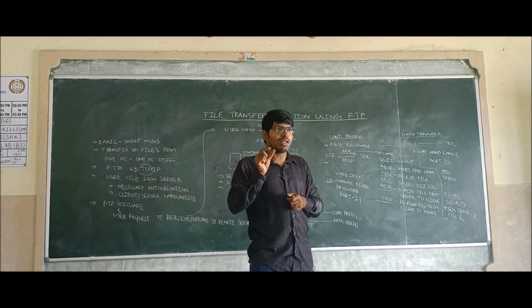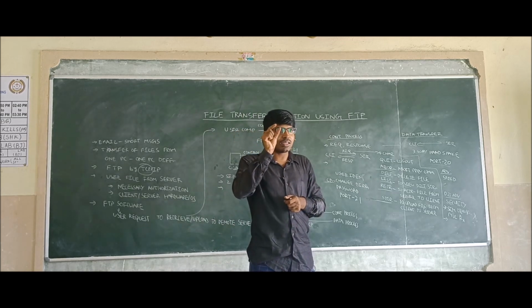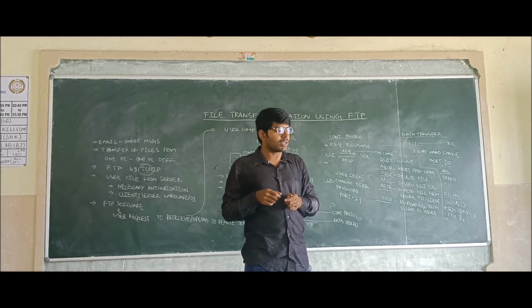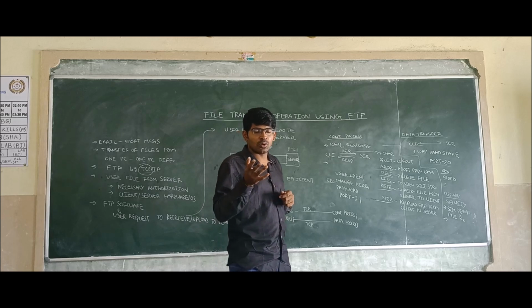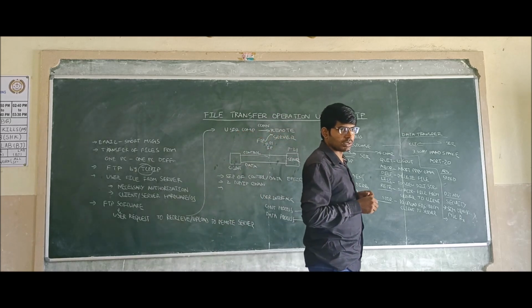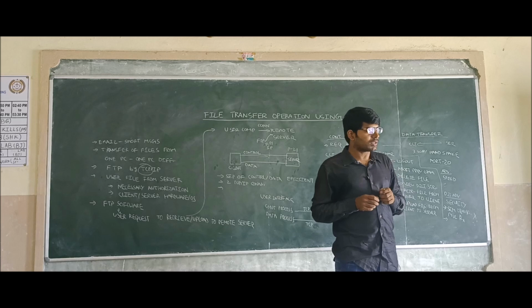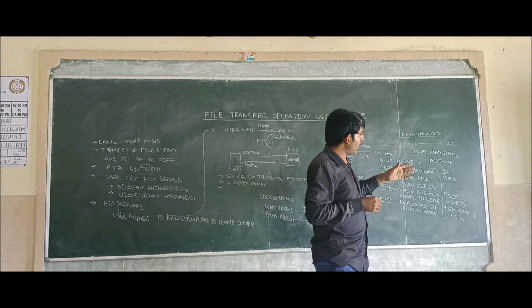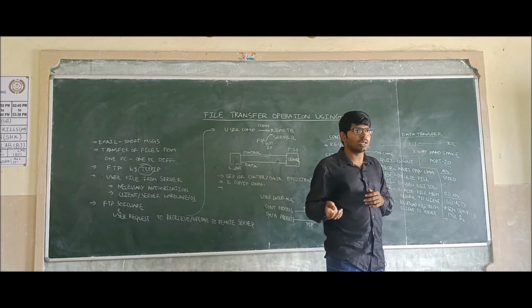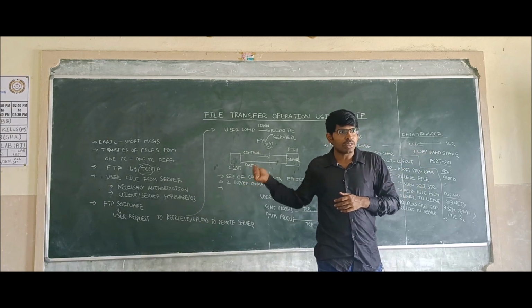Because we are sending sequence numbers. Why? Because we are using the TCP connection. In the UDP, there are no sequence numbers. There is no acknowledgement also in the UDP. So by using the three-way handshake, we are establishing the data connection.